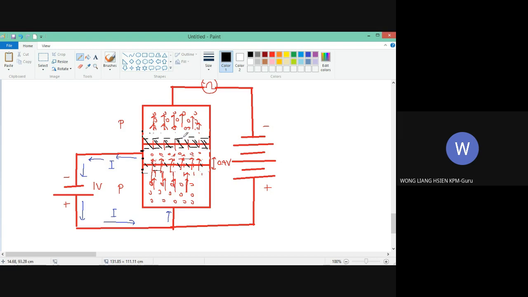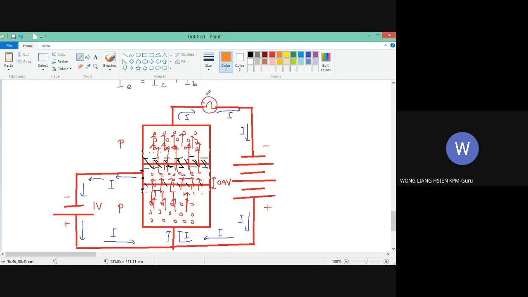So the depletion layer will also become narrow. So got current can flow, got positive charge carrier, which is the hole, can flow, then that means got current flow. So this bulb will light up.